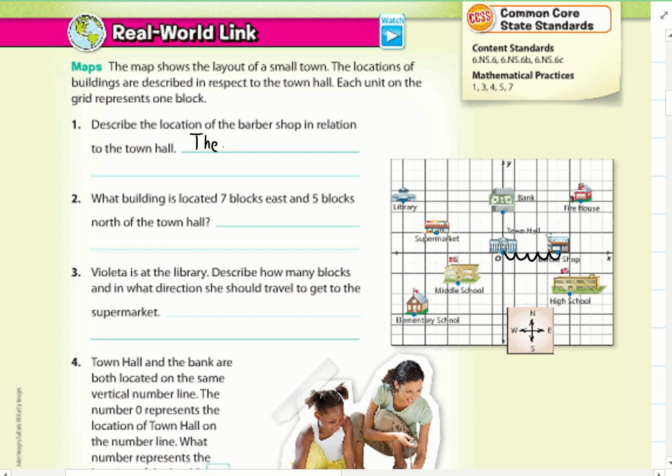So I say the town hall is 5 spaces to the left.